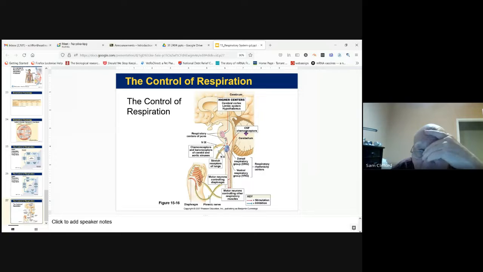And you have chemoreceptors in the cerebellum, respiratory centers in the pons, and below that is the medulla oblongata. And these are the rhythmic centers, dorsal respiratory group and ventral respiratory group. So these nerves are constantly stimulating inspiration and then expiration, and these centers work together to allow control of air coming in and control of air going out, which leads to the exchange of CO2 and oxygen.